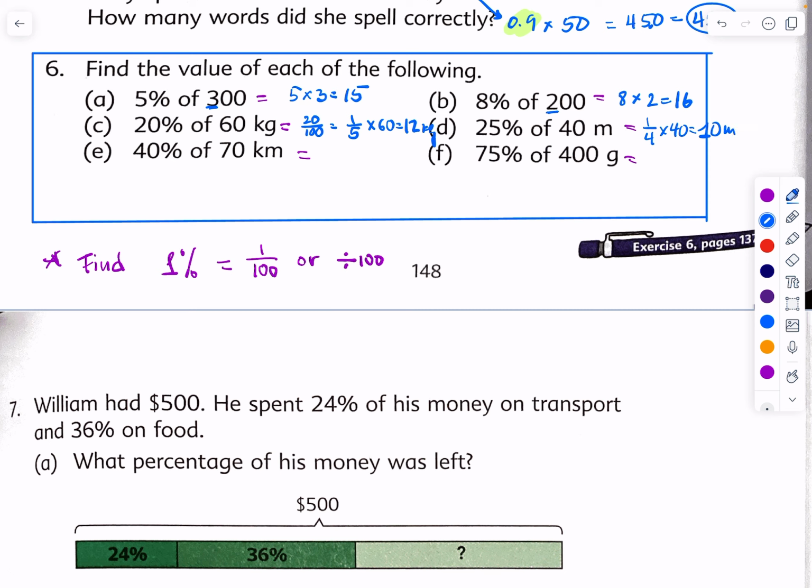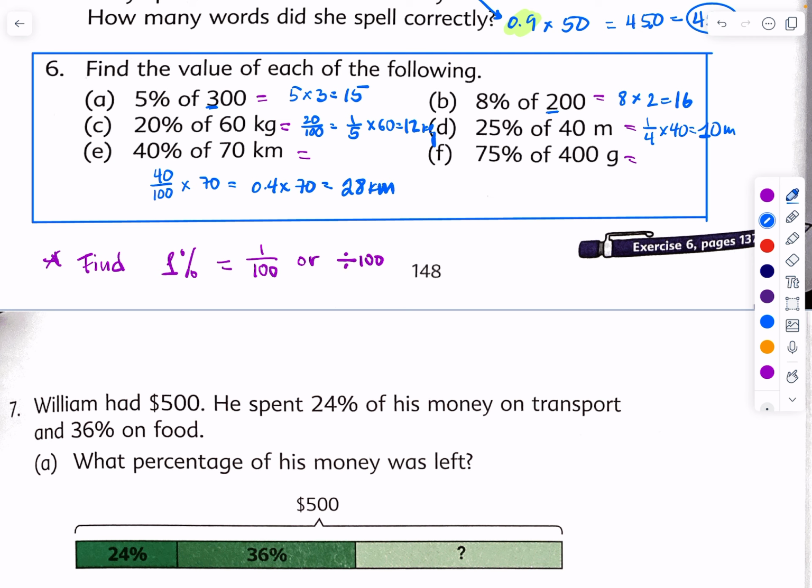40% of 70. We can think of 40 hundredths of 70, or we can also say 0.4 of 70. 7 times 4 is 28. 280, take away 1 zero. It's 28 kilometers.